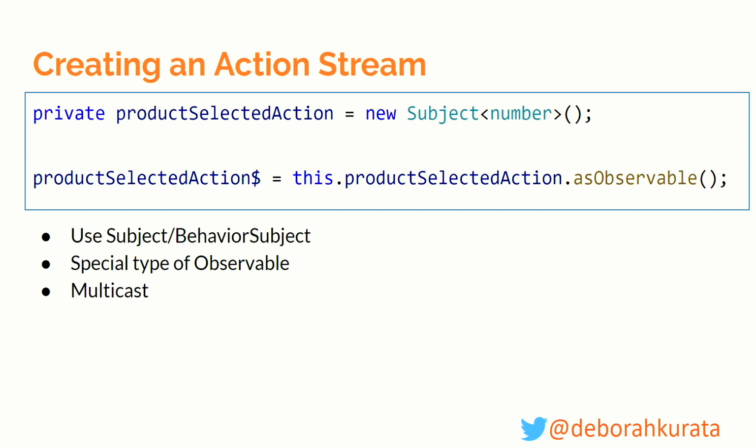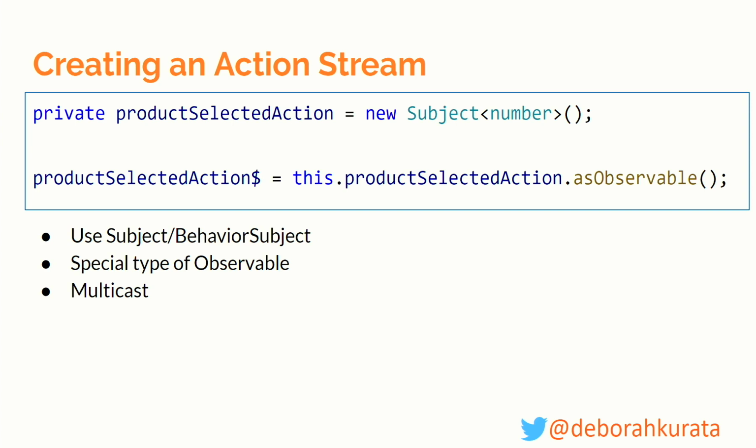The key difference between a subject and a behavior subject is the behavior subject has a default value. So if I was creating a new behavior subject, I would have to be passing something into the constructor. So if your action stream requires that there be an initial action before any other real actions occur, some kind of initial value, then you want to use behavior subject instead.